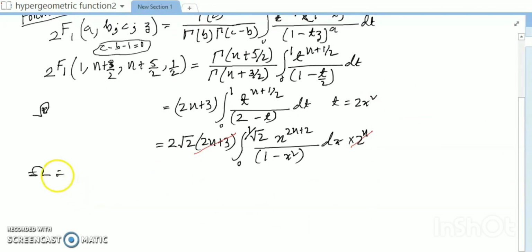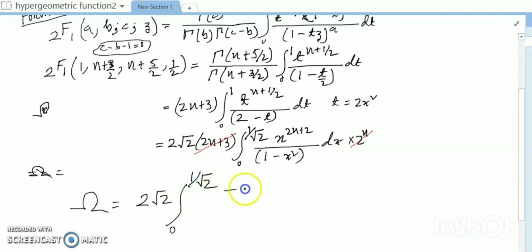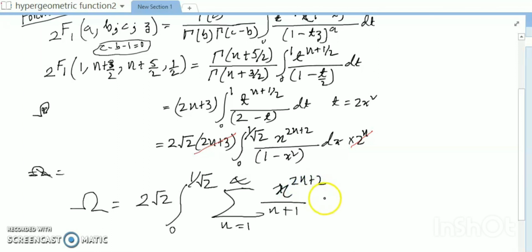So omega equals 2 root 2, integral from 0 to 1 by root 2, summation n equals 1 to infinity of 1 by n plus 1 into x to the power 2n plus 2.